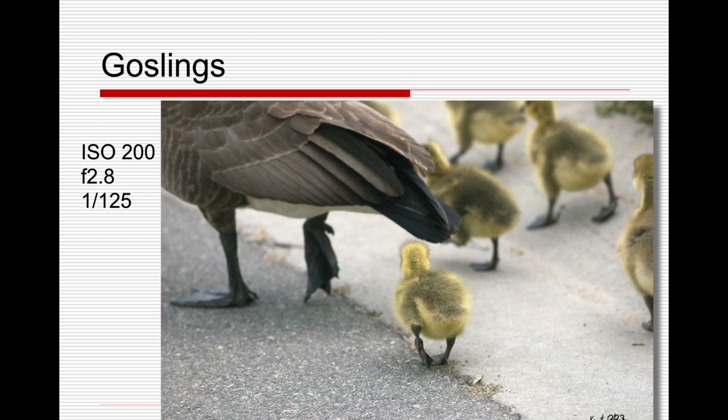I'm using a very shallow depth of field because I don't need to see all of these geese in focus, and that gives me 125th of a second, which is more than adequate to stop this action here. But at the same time, I'm also getting down to the level of these animals, so it looks like we're looking right in on the scene as well.